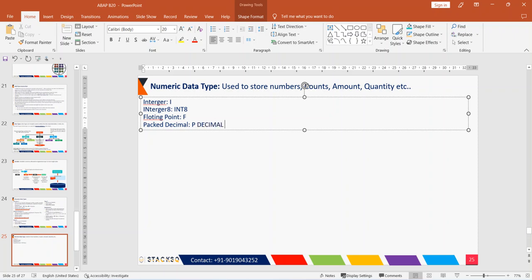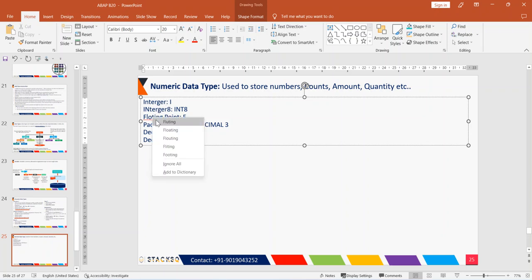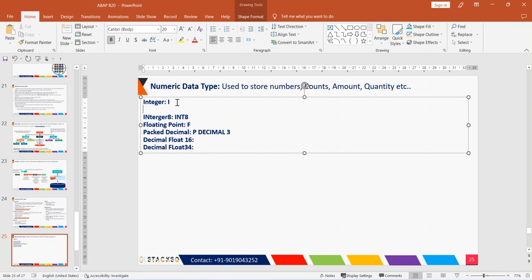Decimal place here 2 or 3 decimals you want, and then you have decimal float 16 and decimal float 34. So these are the data types we have. Let's understand about one by one. So first one is integer.